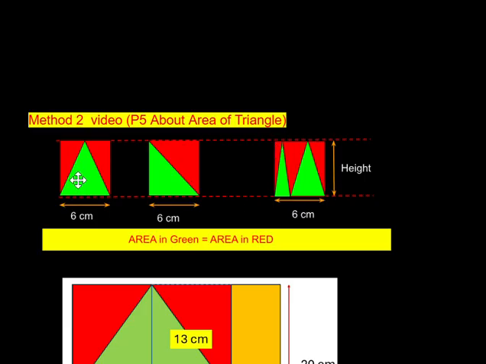So I repeat, the area in green is always equal to the area in red, provided they are touching at the corner of the rectangle or the square.